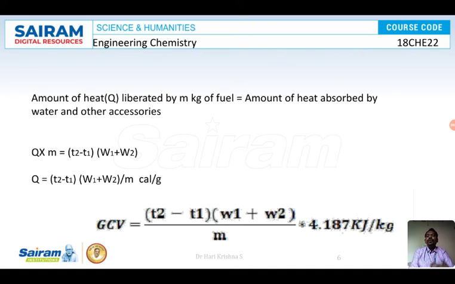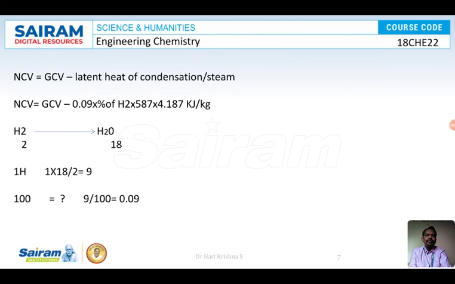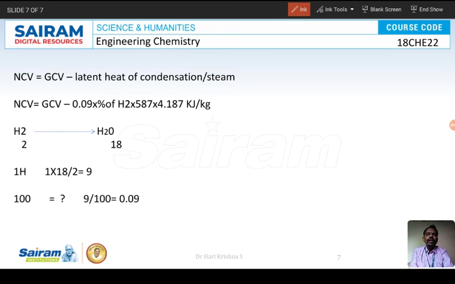Now let us see how to calculate NCV. NCV is given by GCV minus latent heat of steam or latent heat of condensation. GCV is already determined. Latent heat of condensation is given by 0.09 into percentage of hydrogen into 587 into 4.187. So why this 0.09? It is the amount of water liberated. You have a fuel, and the fuel undergoes combustion.